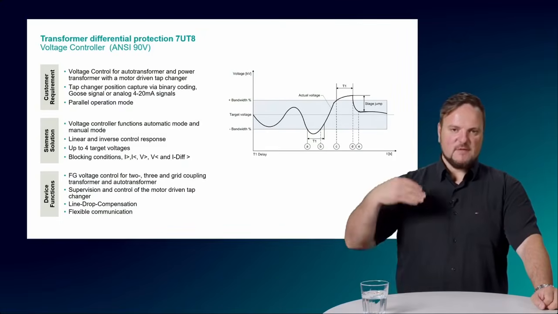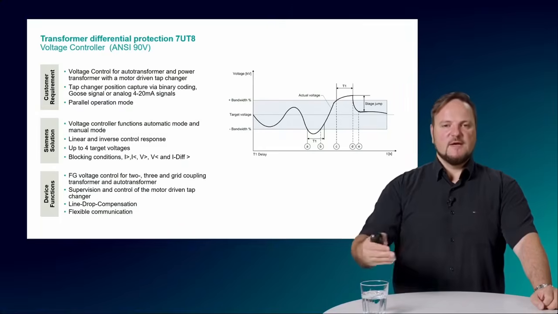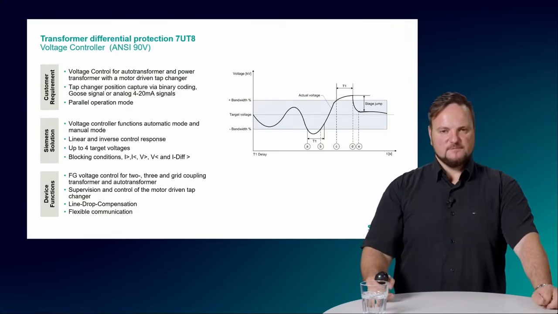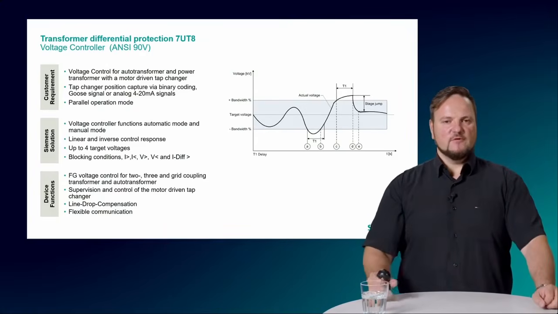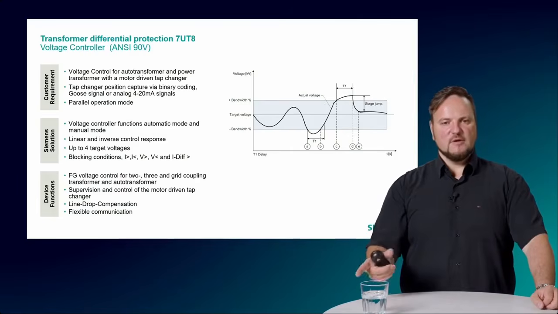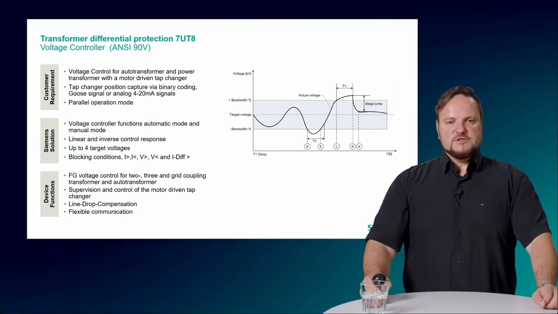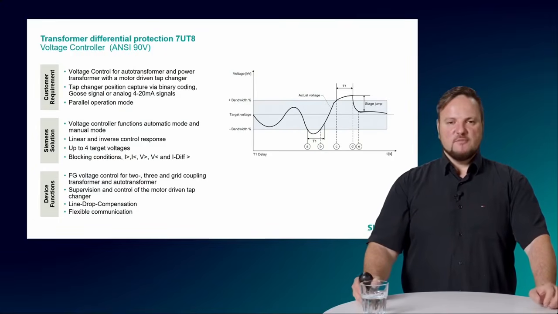That means when the differential protection is picked up, we have the possibility to block the voltage controller in that case. And as I said, we have the voltage control for 2 winding, 3 winding, grid coupling transformer, auto transformer. We have the supervision and the control of the motor-driven tap changer. We have the line drop compensation.